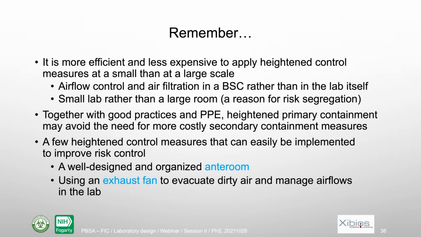And then the second thing is that with respect to ventilation, using an exhaust fan is really a measure that has a lot of advantages to evacuate dirty air and manage airflows. You need to think about their position, and that has to be put in relation with the equipment and also with the risk zonation, with the space zonation of your lab. But this is also something which is quite easy to manage and really something which is sustainable.